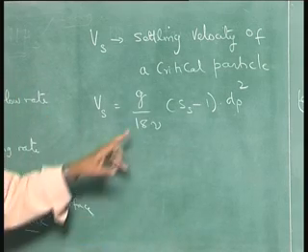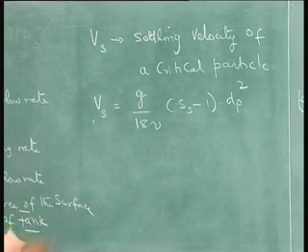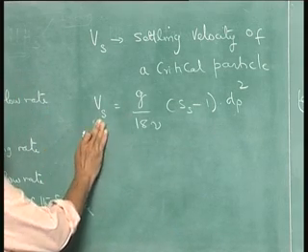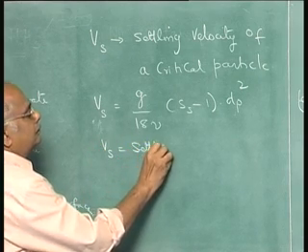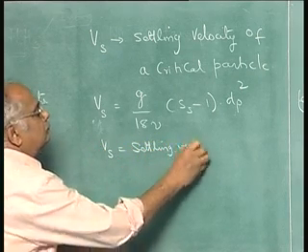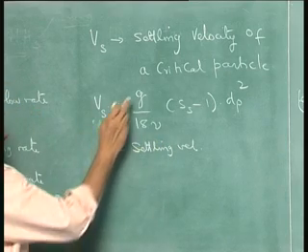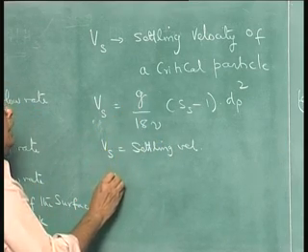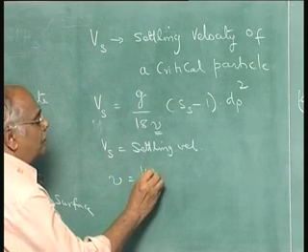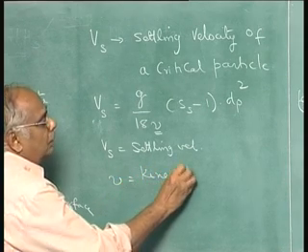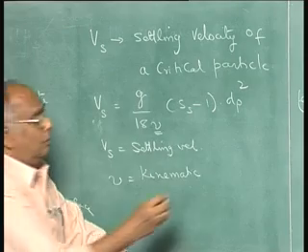This is the settling velocity, where Vs is the settling velocity, g is acceleration due to gravity, and nu is the kinematic viscosity of water.